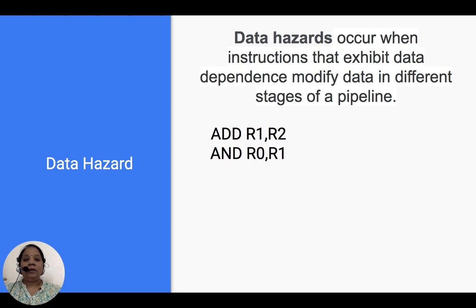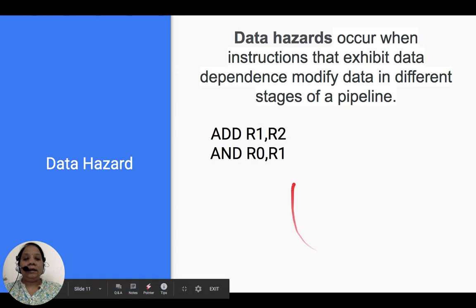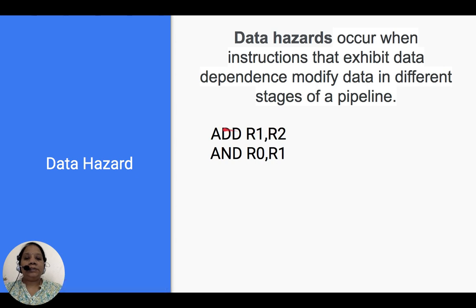Now this is similar to the analogy I explained in the previous slide, black and blue color. Here you can see this is the black color and this is the blue color. This person has both, so it is just adding and producing the result in R1. But the second person requires this updated R1, that is, R1 after adding it with R2.